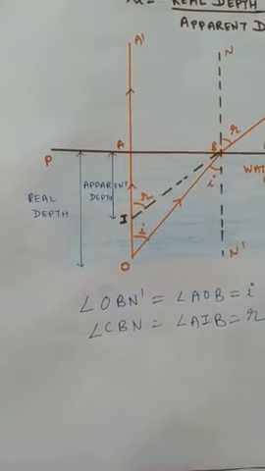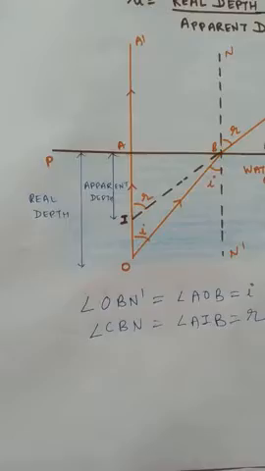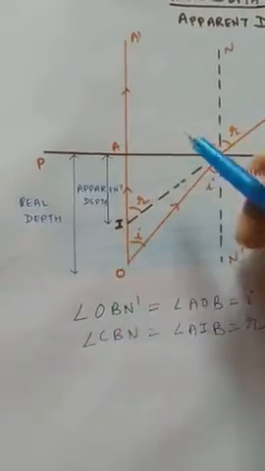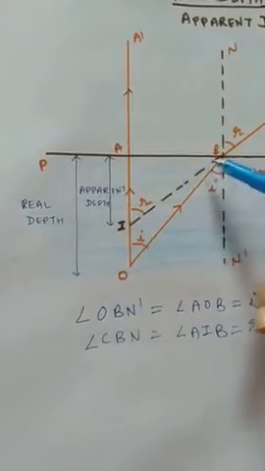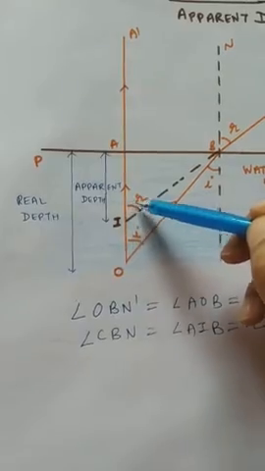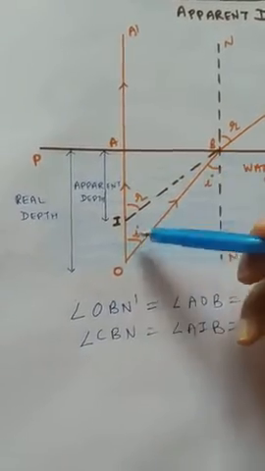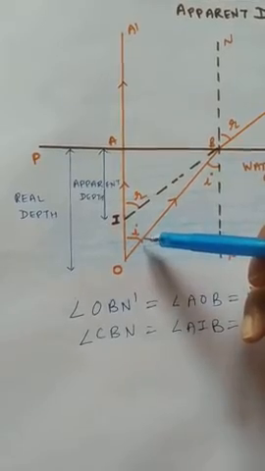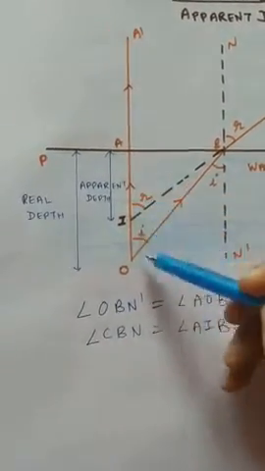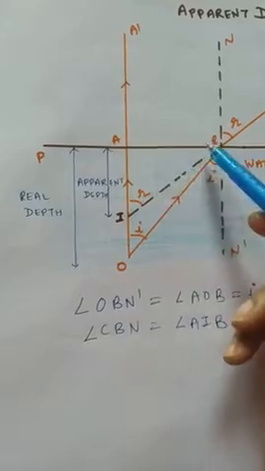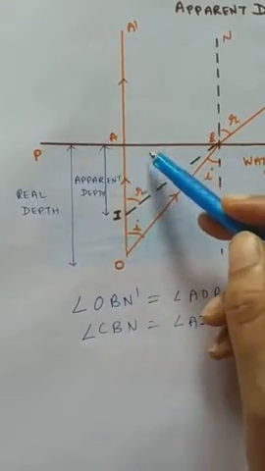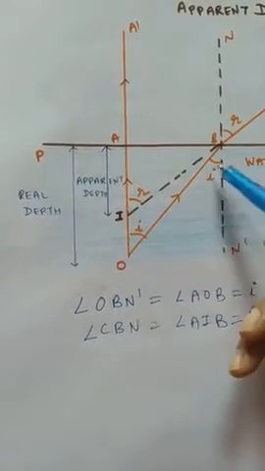So first we'll find out the value of sin I. For that we will select this triangle AOB. We'll choose these two triangles: triangle AIB for finding sin R, and AOB for finding sin I. Both triangles are right angle triangles, because in both cases this angle is 90 degrees. So this is the perpendicular and this will be the hypotenuse.